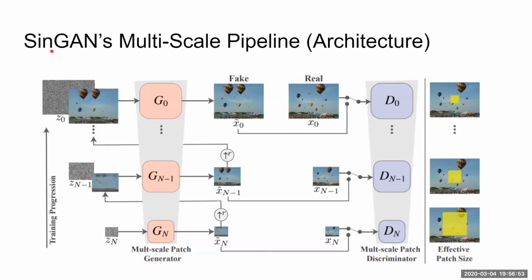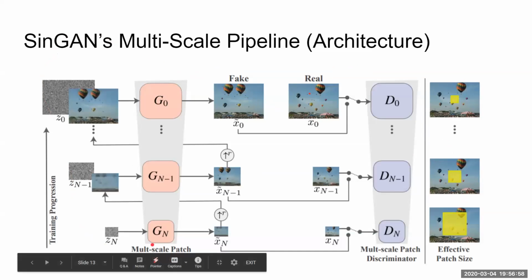Okay. So SinGAN uses a multi-scale architecture. There is a large set of GANs. On the lowest level, the generator takes a noise input and tries to generate a realistic sample from it, and the discriminator tries to discriminate.